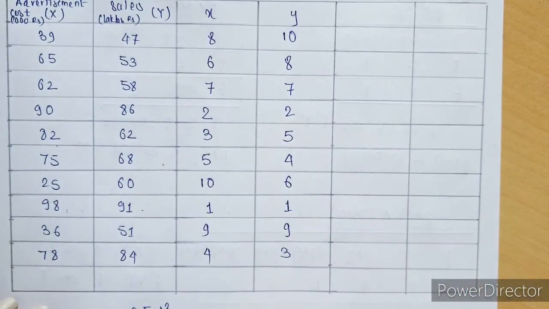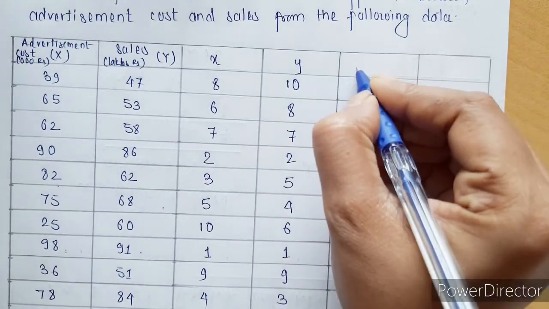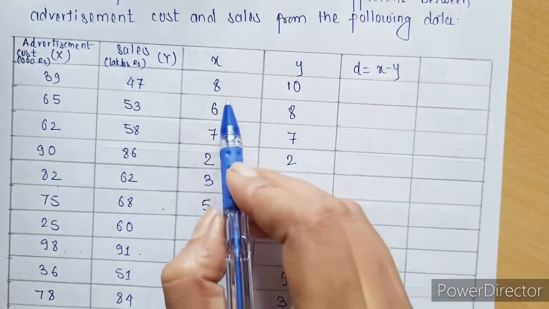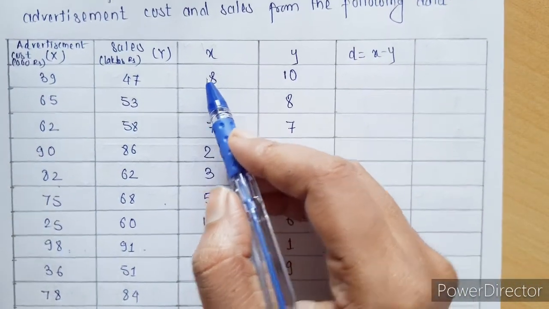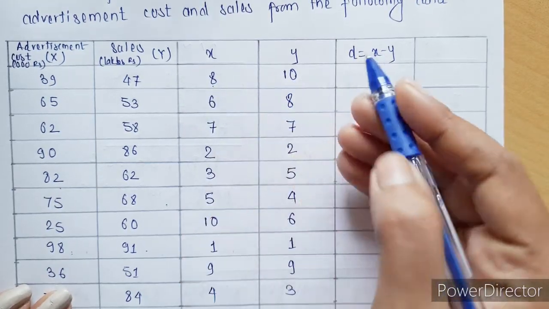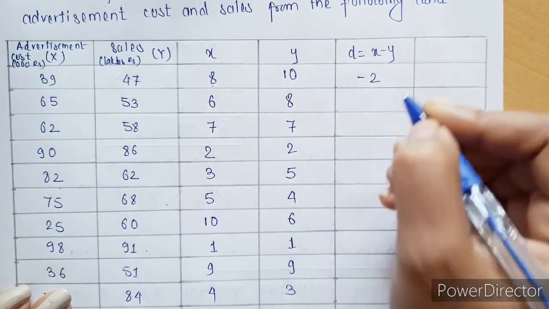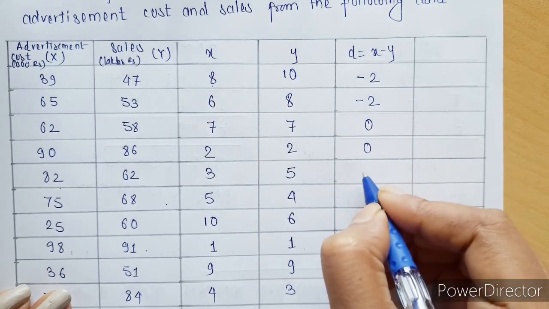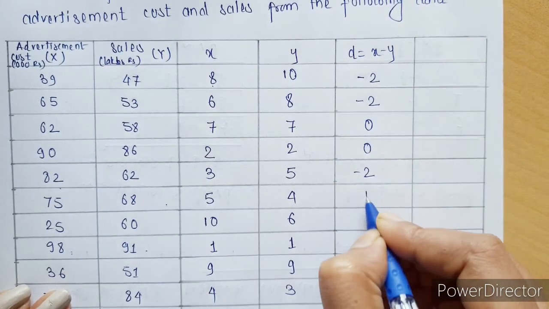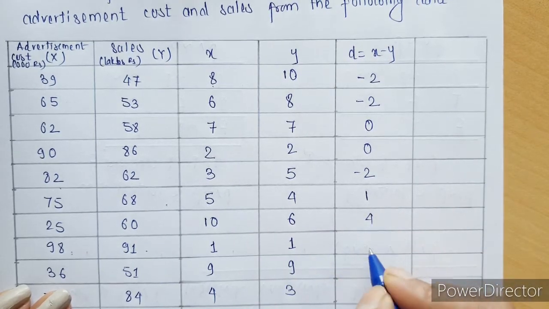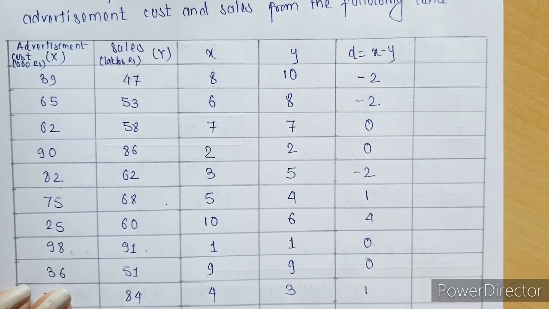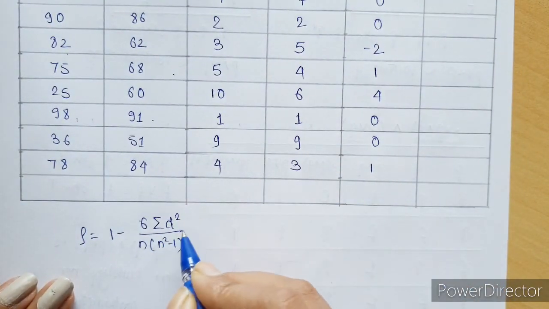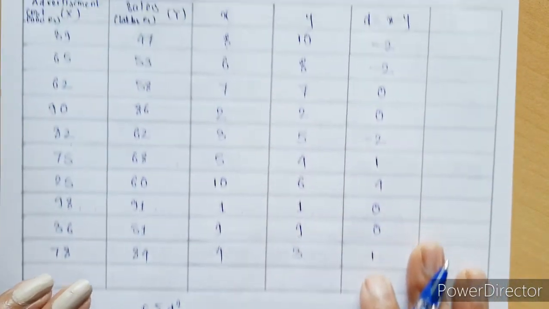First we need to find d, which is the difference of ranks. So we subtract: 8 minus 10 is minus 2, this will again be minus 2, 0, 0, minus 2, 1, 4, 0, 0 and 1. Next, what we need is the summation of d square, that is, the squares of the differences.